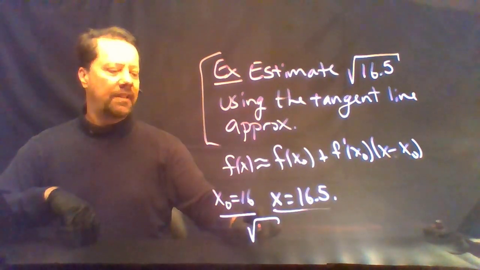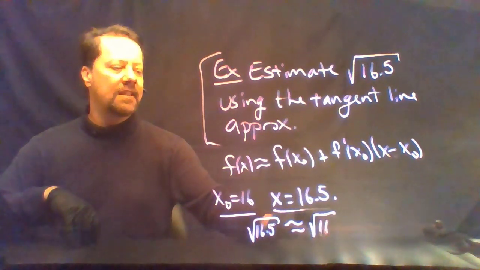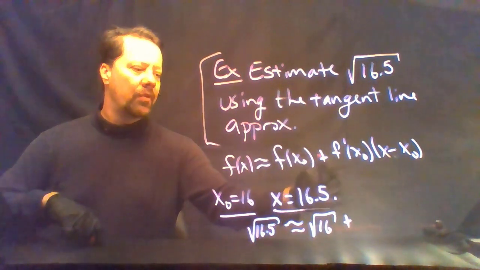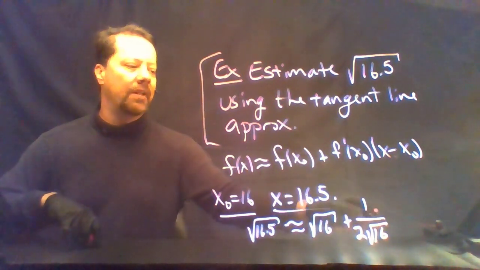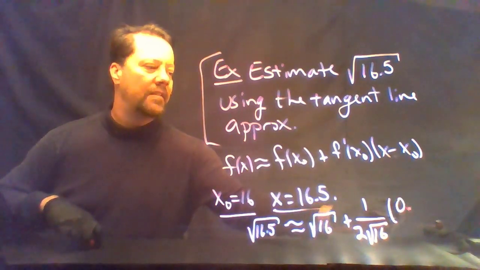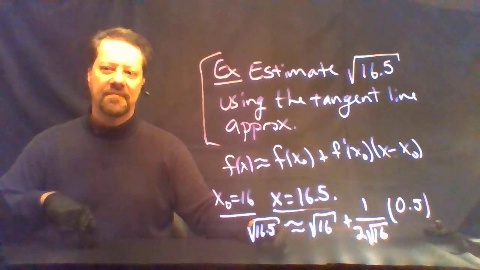So the square root of 16.5 is approximately the square root of 16 plus the derivative, which is 1 over 2 times the square root, evaluated at the point in question, times the difference between these two numbers, 0.5.